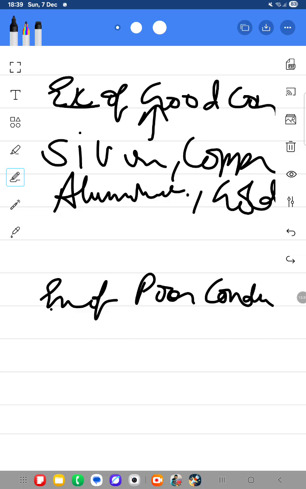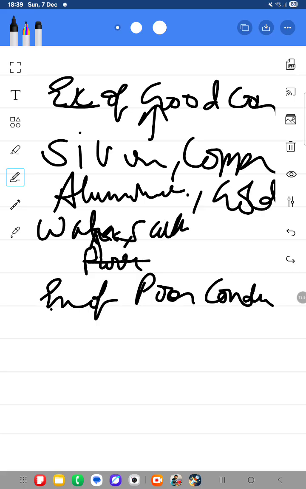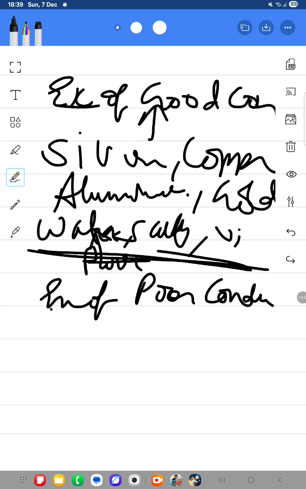These four are good conductors of electricity. Even water, not pure water, salty water, and you can say vinegar, other things.